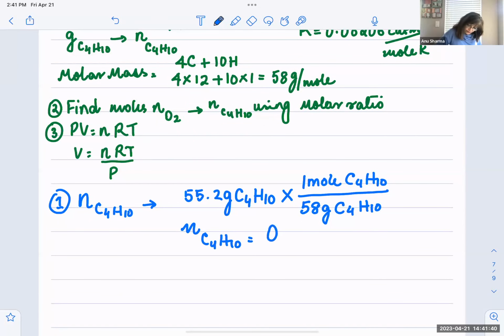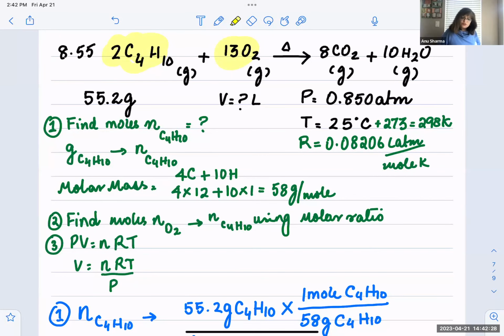So n of O2, how do you do this? You take 0.951 moles of C4H10 times the mole to mole ratio. Now you look at this here, we are looking at the relationship between the butane and oxygen only, and it's 2 to 13, the molar ratio.